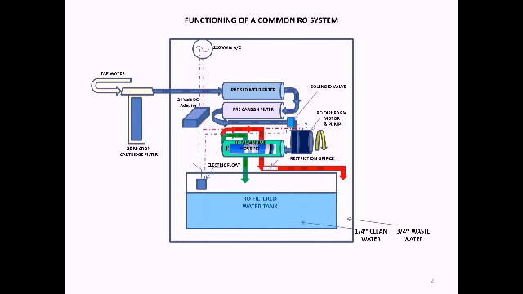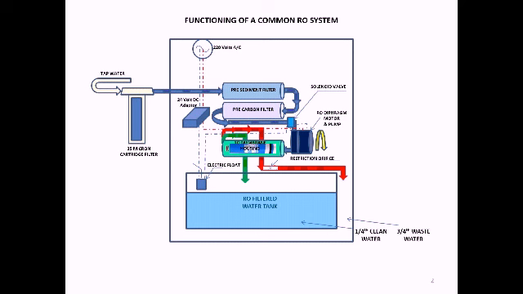This is the schematic diagram we have made showing the functioning of a common household RO system, which you can see on the right hand side. There's the boundary we have shown of what is inside the RO system, and outside there's a 25 micron cartridge filter to which the tap water is directly fed in, and this primarily cleans the dust particles from the incoming tap water.